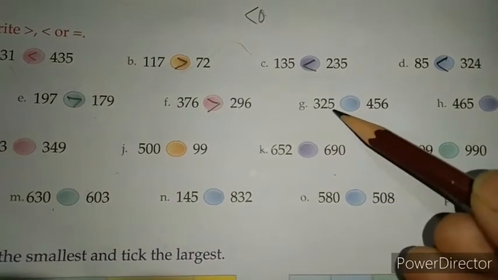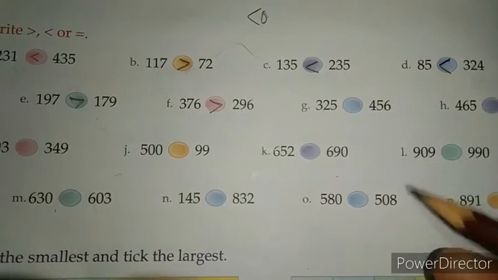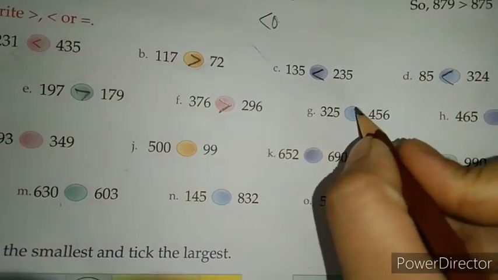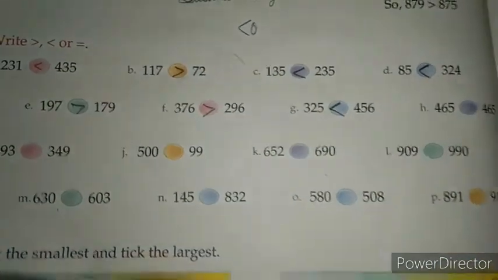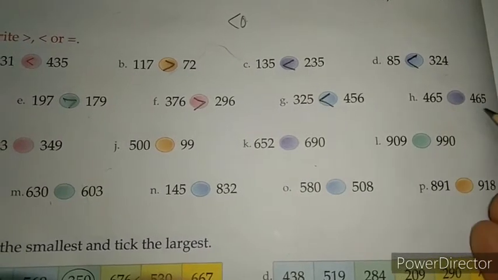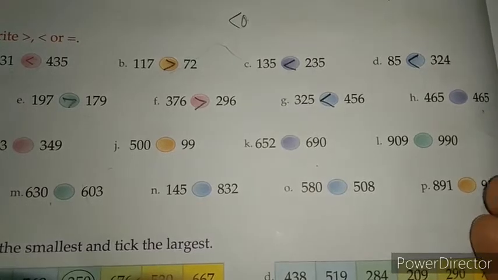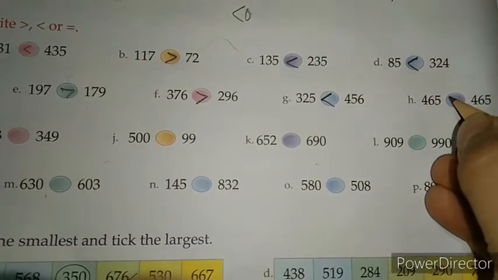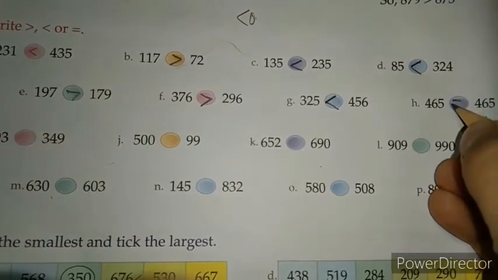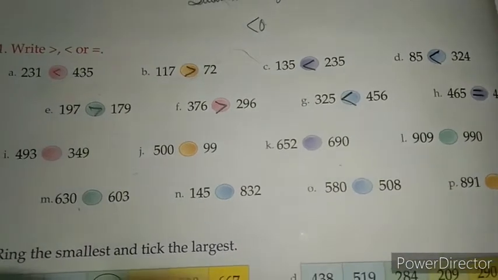Yeah, 325 is smaller than 456, then we will write this sign. Okay, next one, 465 and 465, means both numbers are equal, then we will write the sign of equal.